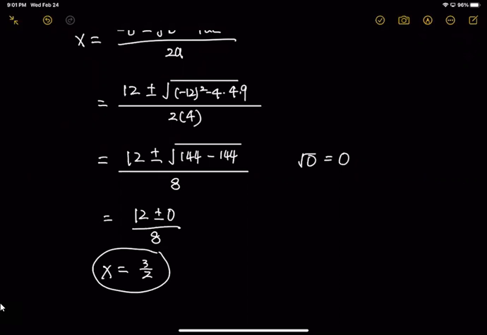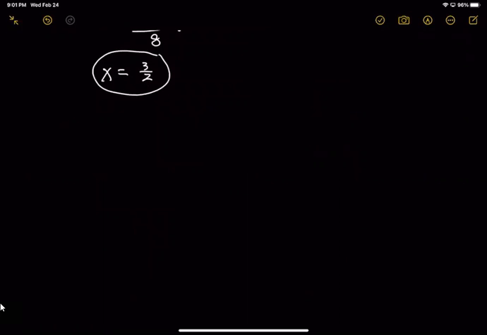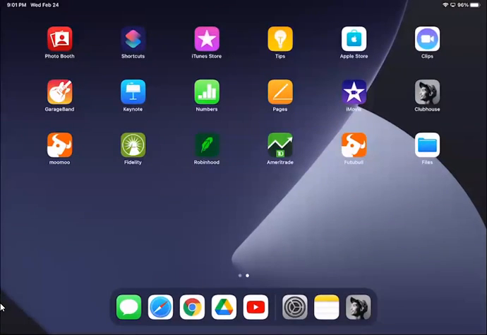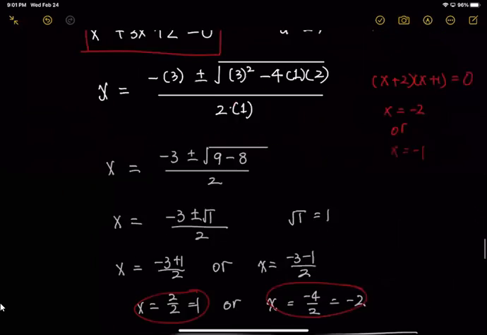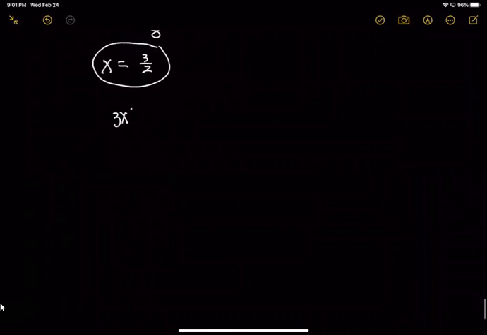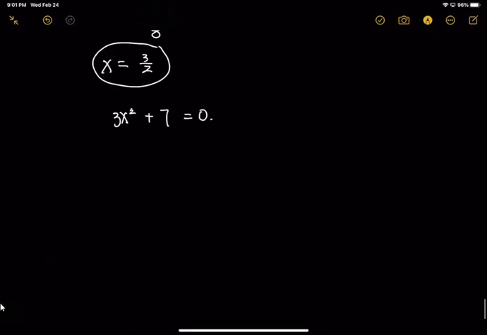Okay, so what if we have a missing term, such as 3x squared plus 7 equals 0? We know that our a is equal to 3. B is equal to what?